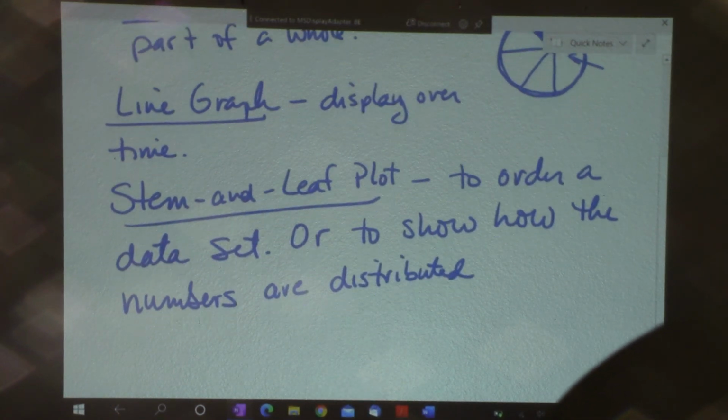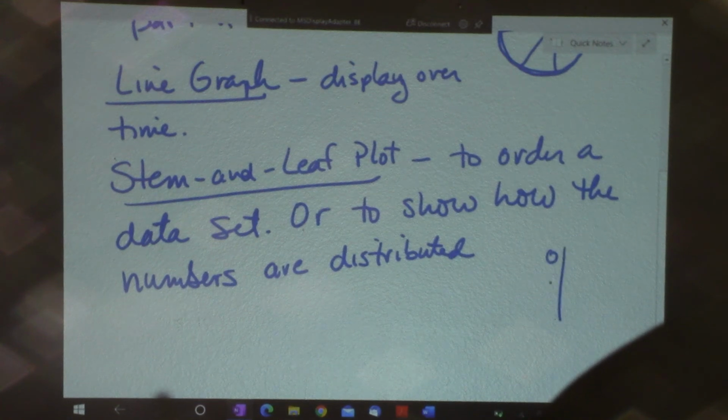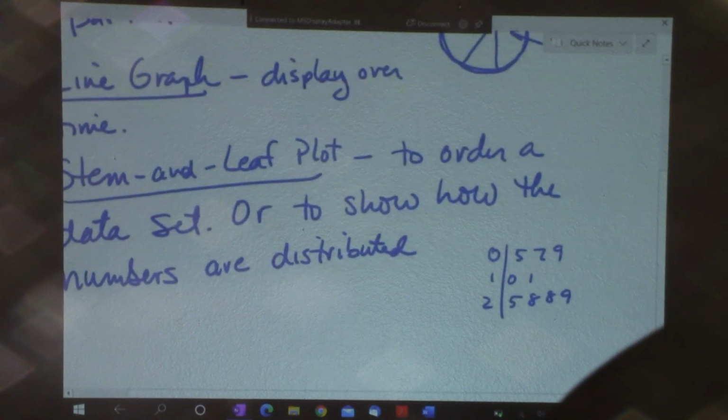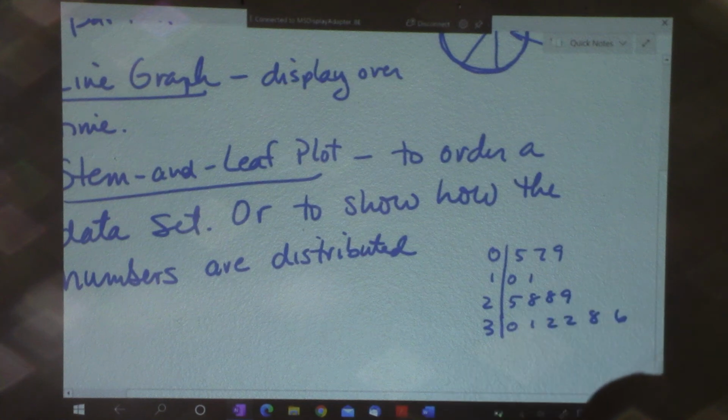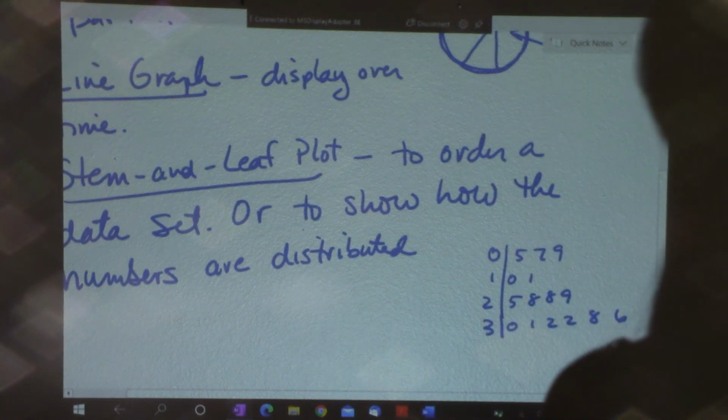For instance, let's say we have data that looks like this. I'm just making this up. Like this. What can you tell about how that data is distributed?